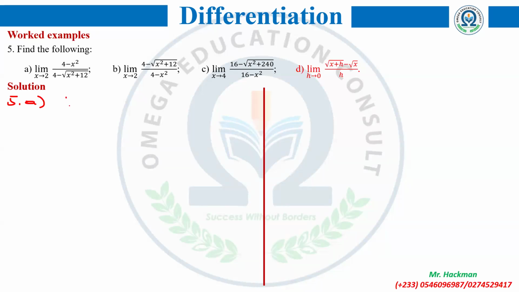Then we write the limit as x approaches 2 of a rational function. The numerator function is 4 minus x squared. The denominator function is 4 minus the square root of x squared plus 12.